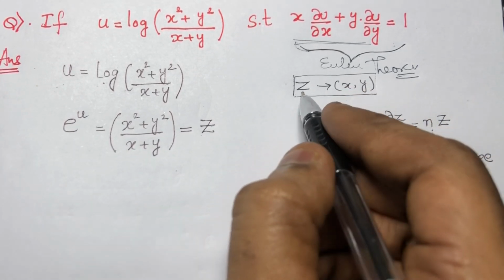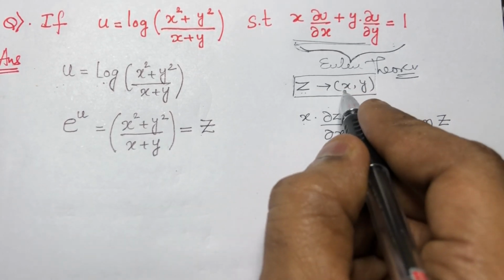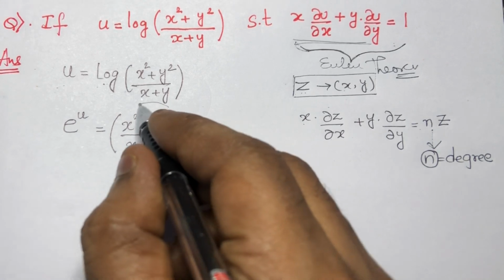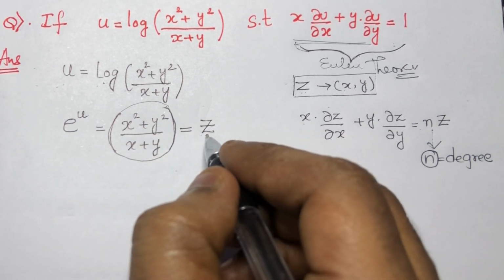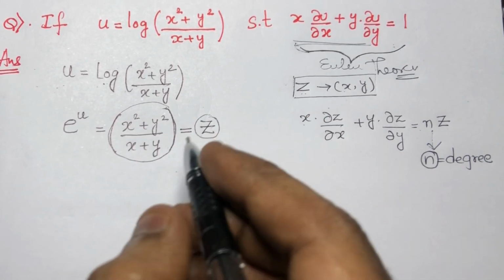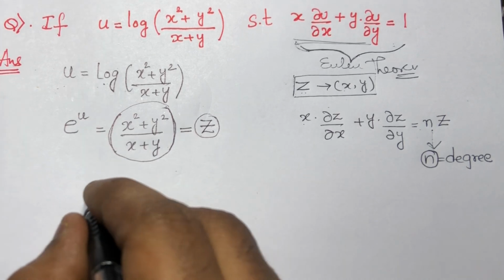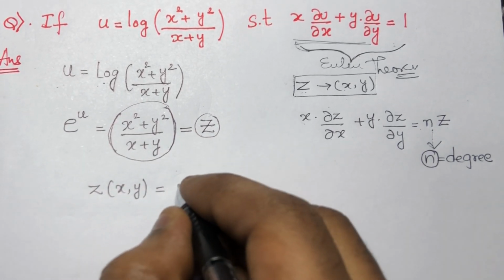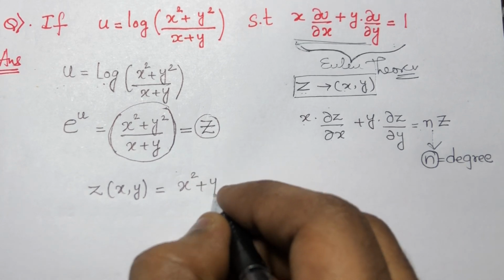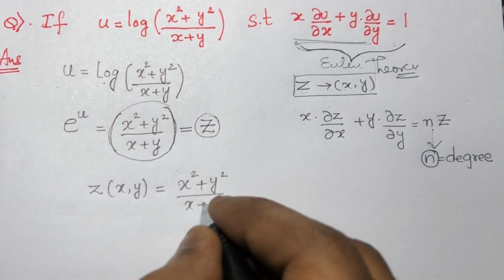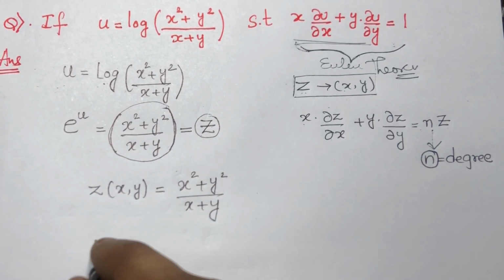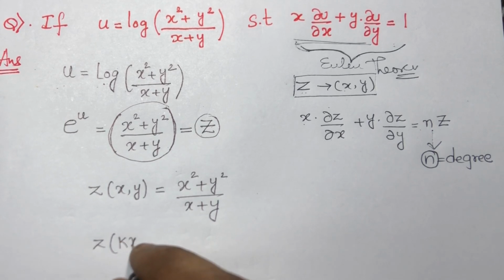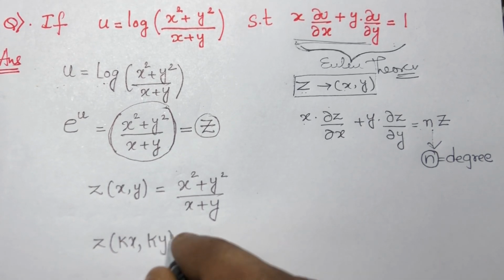Okay, according to Euler's theorem, z is a function in terms of x and y. Here also we have something in terms of x and y, that is z. So my function z is equal to (x square plus y square) by (x plus y). So simply go with kx, simply multiply every term with k.